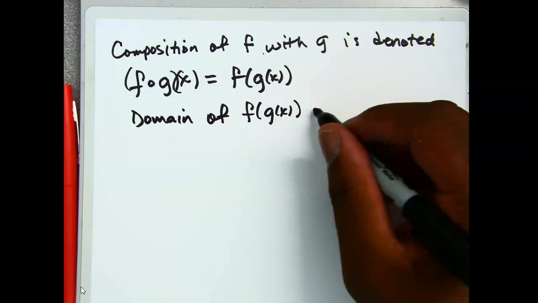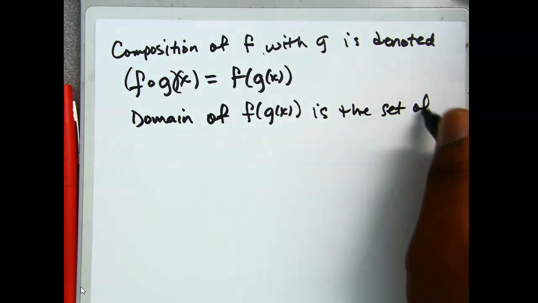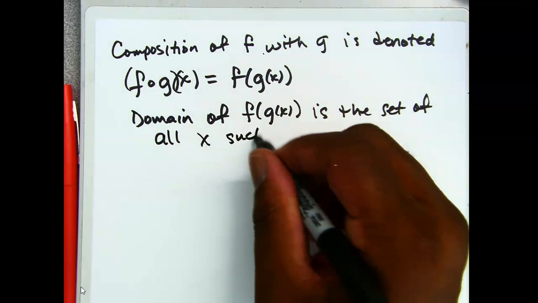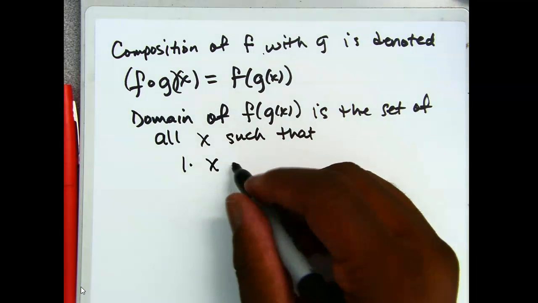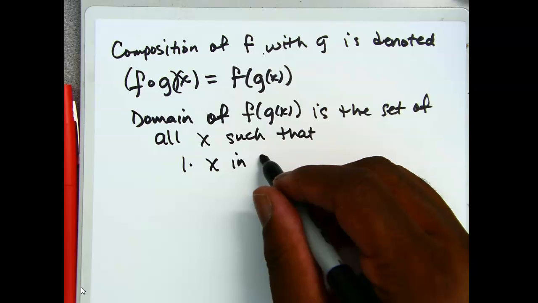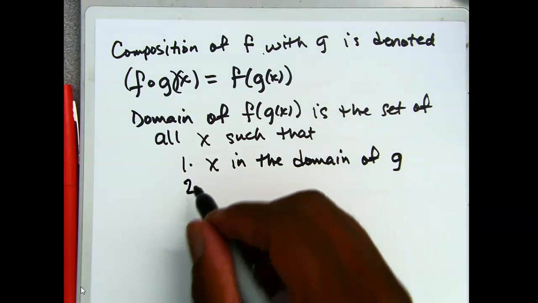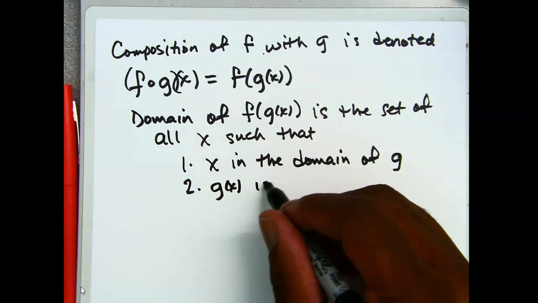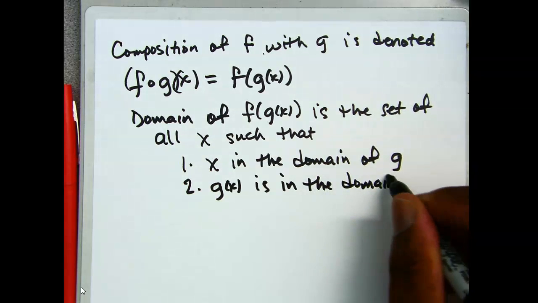The domain of the composition of these functions is the set of all x such that, number 1, x has to be in the domain of g, and number 2, g of x is in the domain of f.